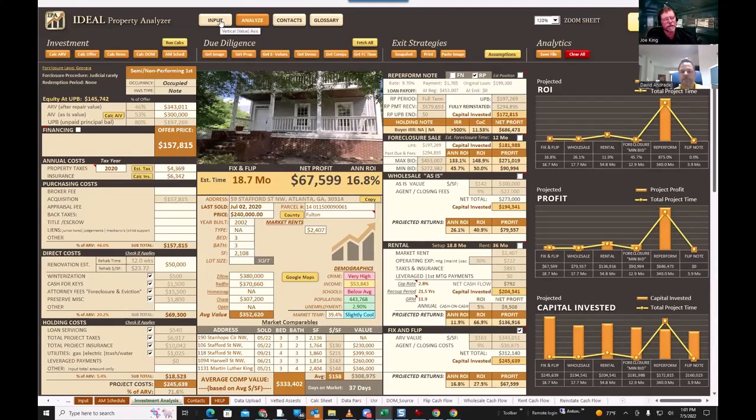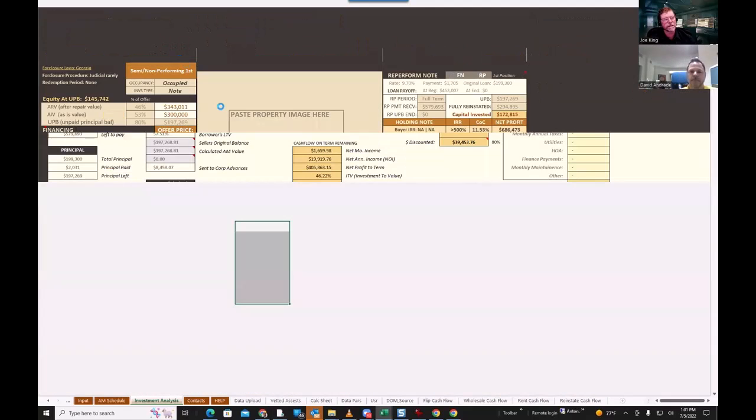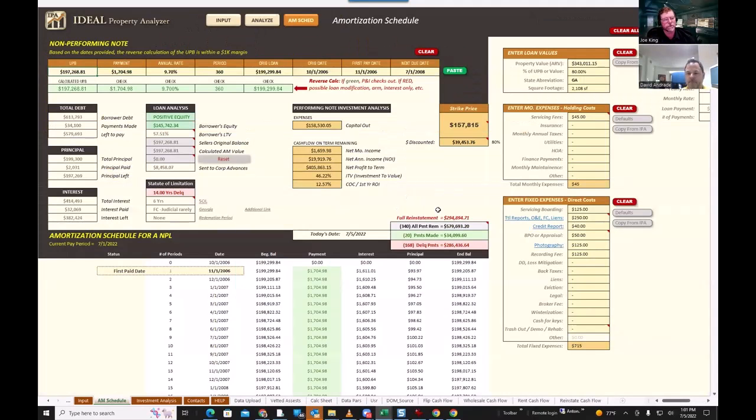We've even gone to the steps in the AM schedule to take a look at what those expenditures could be. So if you were doing due diligence, for example, what's the average cost for title reports, O&E reports, any kind of lien reports? What does servicing cost you when you're dealing with a hairy asset? It's going to cost more than your $45 a month on a performing note. I guarantee you that.